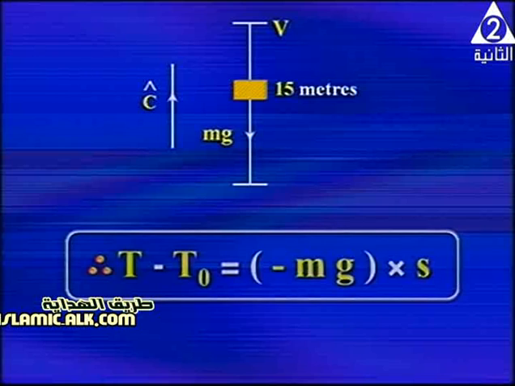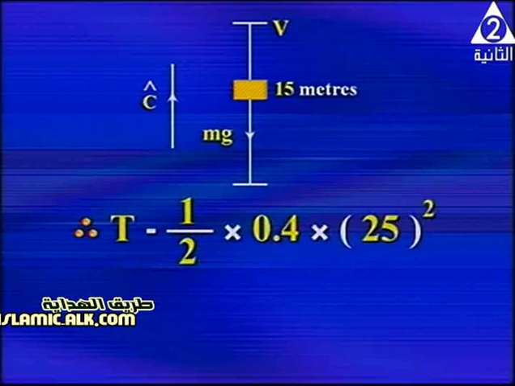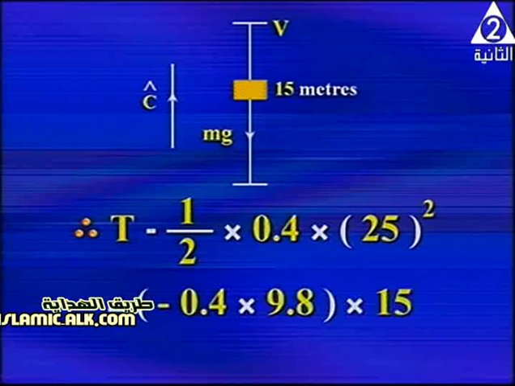What is m? It is 400; by dividing by 1000 we convert it to kilograms. Then T minus half times 0.4 times 25 squared equals negative 0.4 times 9.8 times 15.